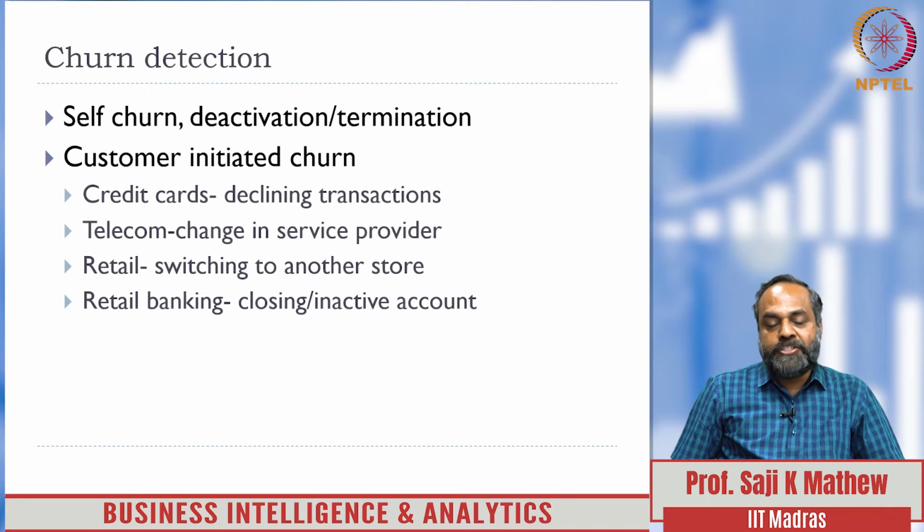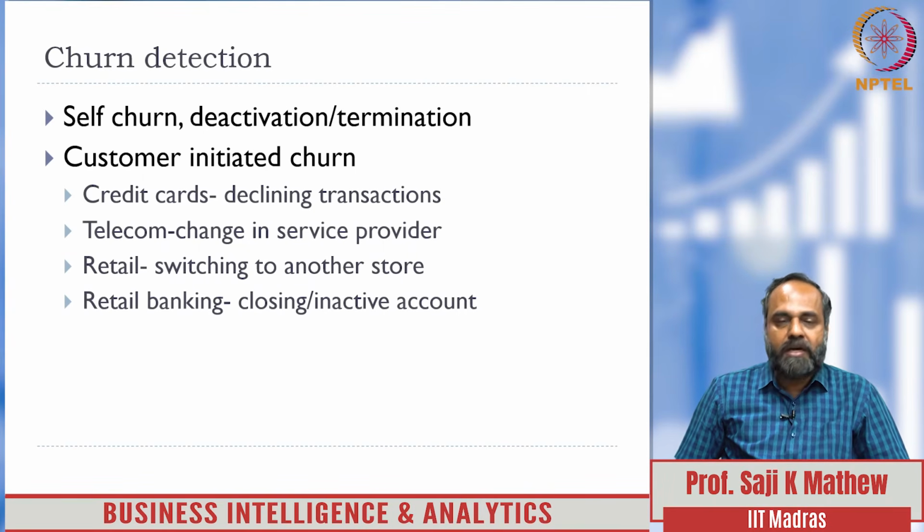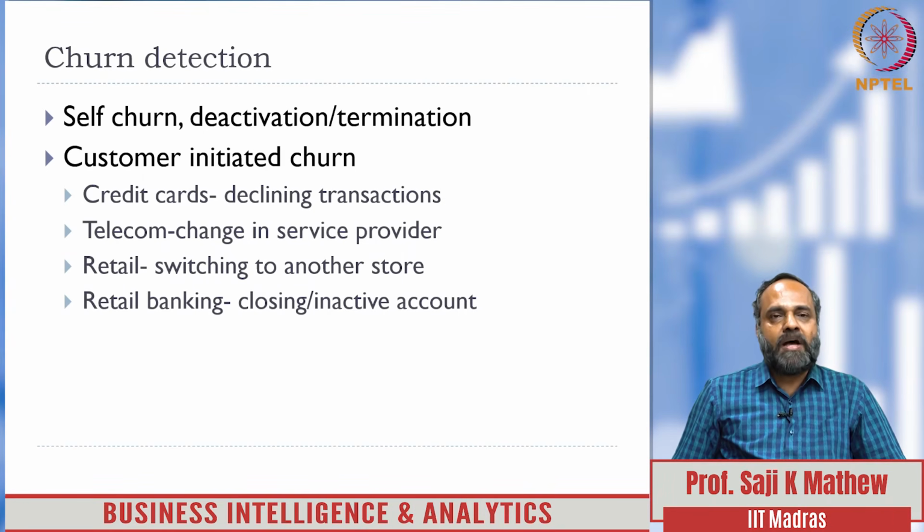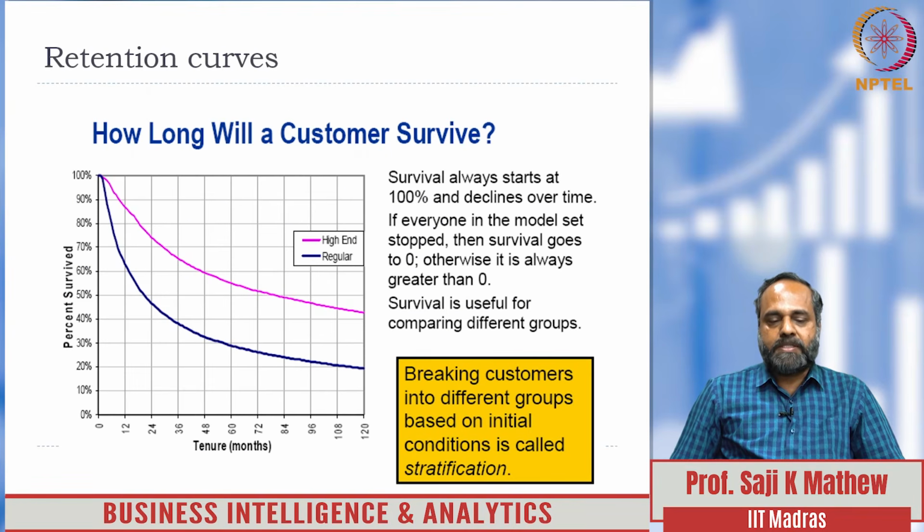Customer initiated churn could be declining transactions, switching to another service provider, switching to another store, or closing an account versus not leaving any money in a savings account, etc. These are all proxies for stop, proxies for ending a customer's business or relationship with you. These are important when you work with customer transaction data.